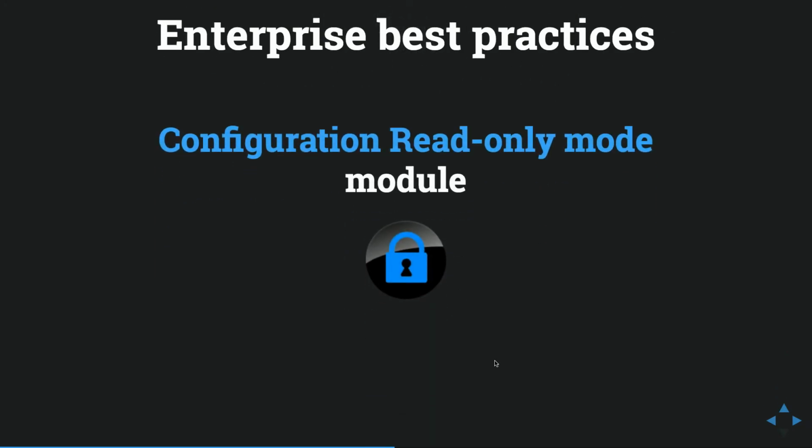There's actually a module called Configuration Read-only Mode. Has anybody seen this module or used it? A couple, three, okay. This is the ultimate way to enforce that workflow. Once you install this on a Drupal 8 site, it's not possible to make those configuration changes on the production site.